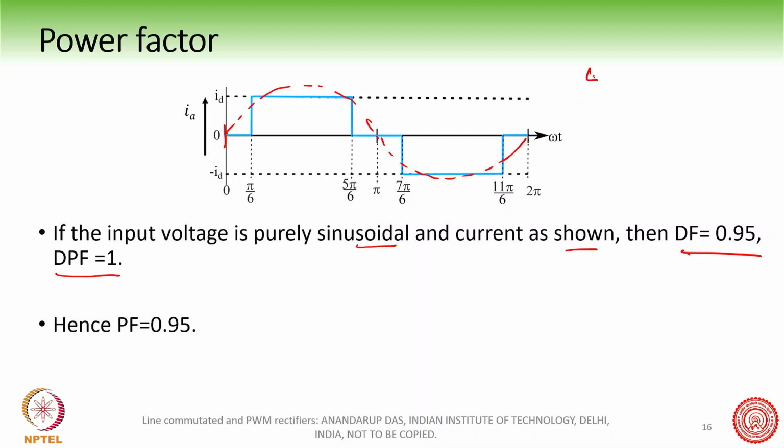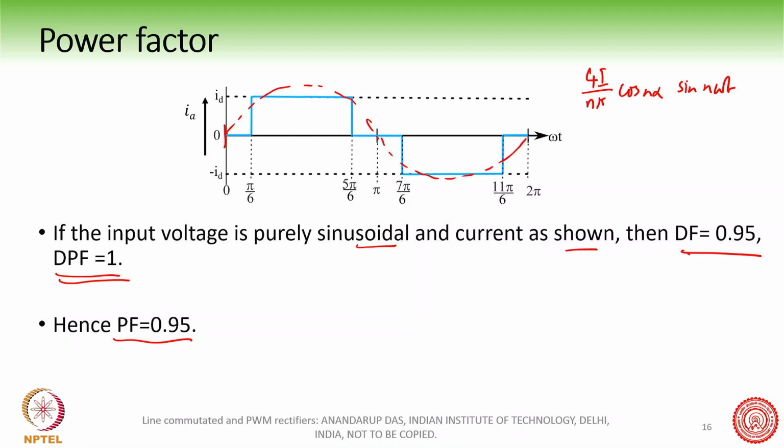If you remember 4I by n pi cos n alpha, there was only sine n omega t, so there was no phase shift. Therefore the dPF is equal to 1, and the power factor is 0.95.